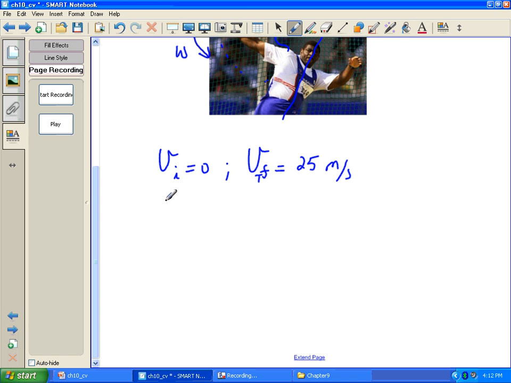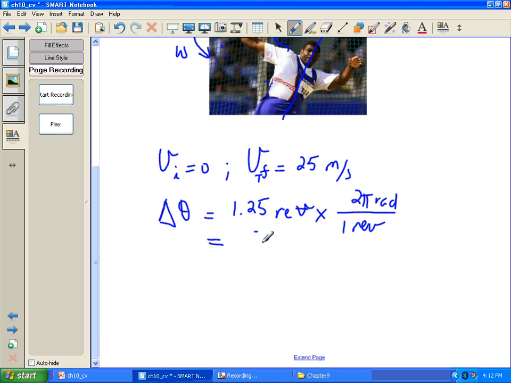The number of revolutions made by the discus is 1.25, but revolution is not an SI unit, and therefore we must convert, where 1 revolution is equal to 2 pi radian, and this gives us 5 pi over 2 radian.